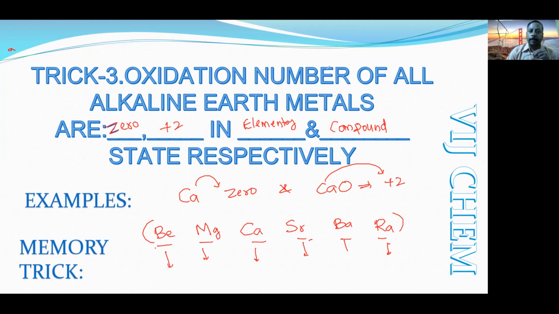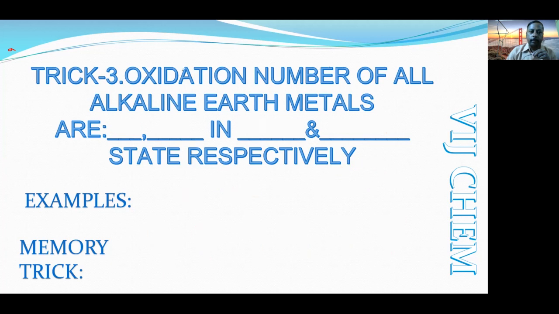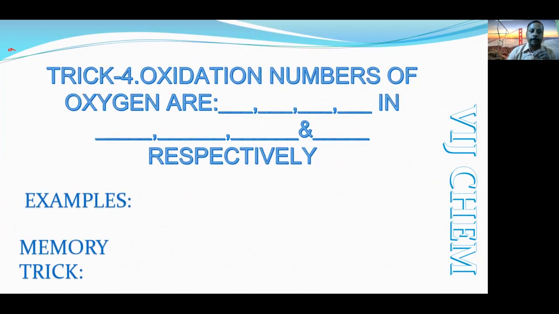Take a screenshot or make a note, that is up to you. I think you are able to understand all the tricks and are making notes. Now we are going to trick 4, the oxidation number of oxygen. This is a highly important, most useful trick.